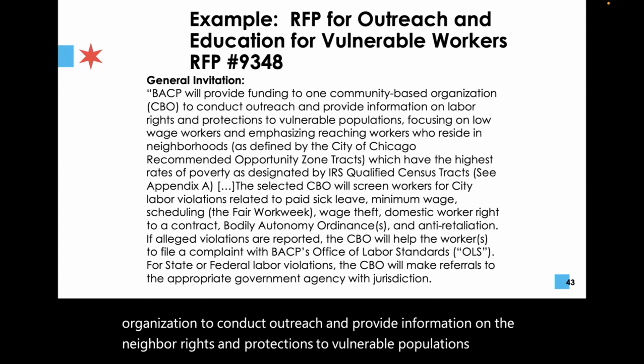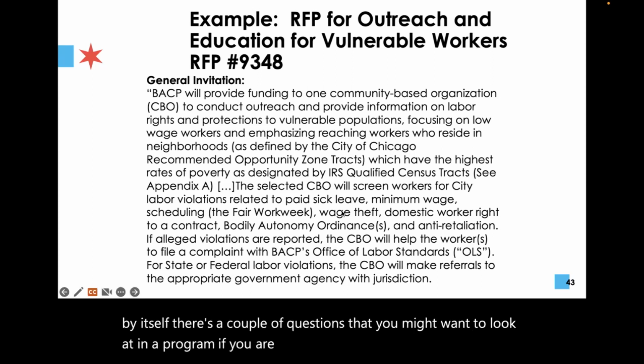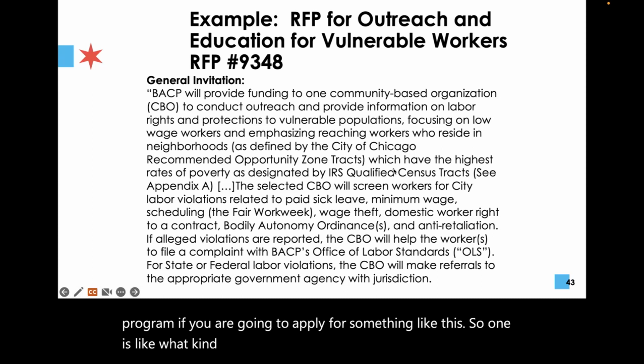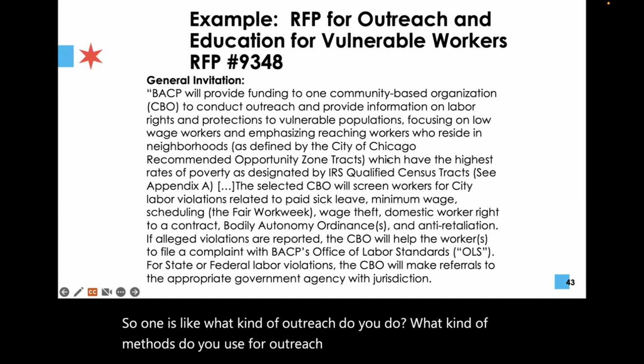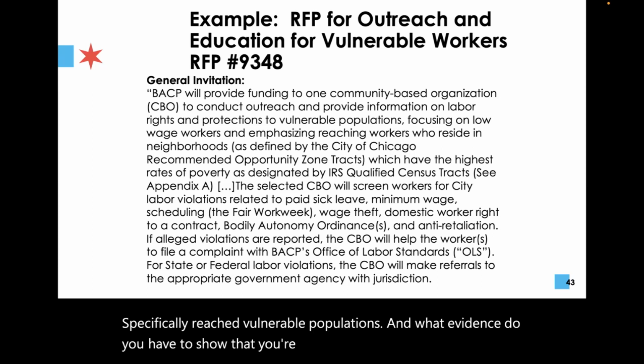By itself, there's a couple of questions that you might want to look at in a program if you are going to apply for something like this. So one is, what kind of outreach do you do? What kind of methods do you use for outreach that specifically reach vulnerable populations? And what evidence do you have to show that you're effective at doing that?